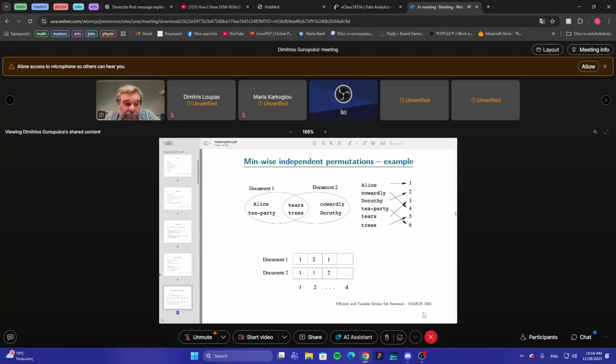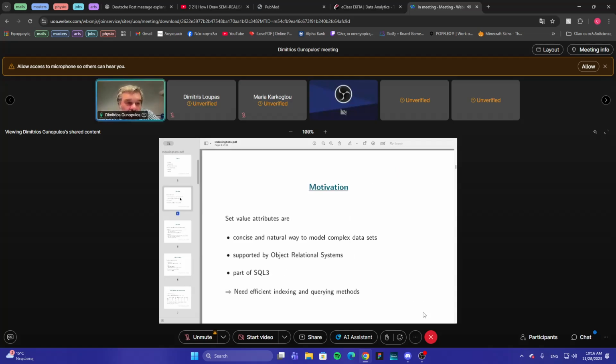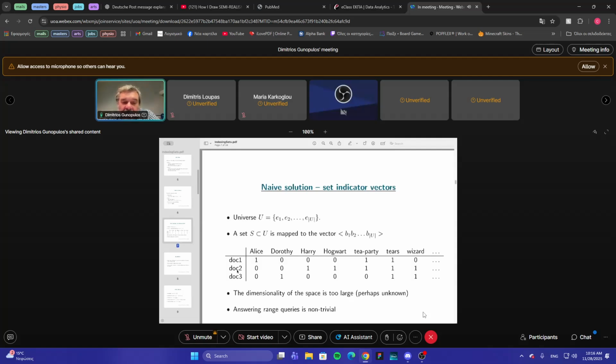We said earlier that what we want is to find similarities between documents, where the documents are basically mapped to vectors. They're sets of words, and we use the vector representation.